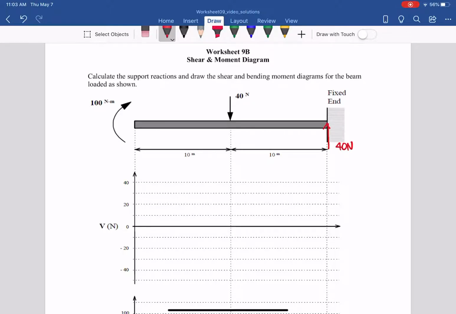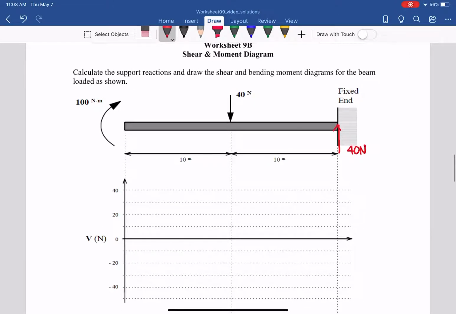And you can see the couple moment of 100 Newton meter on the left, and that is clockwise, and the 40 Newton also creates a couple at the fixed end.